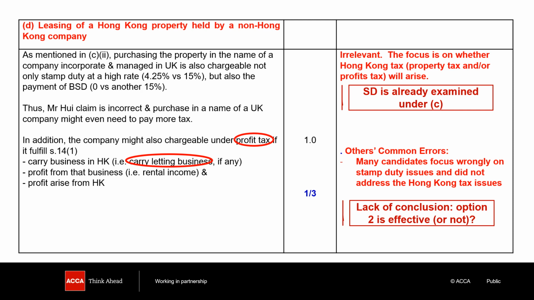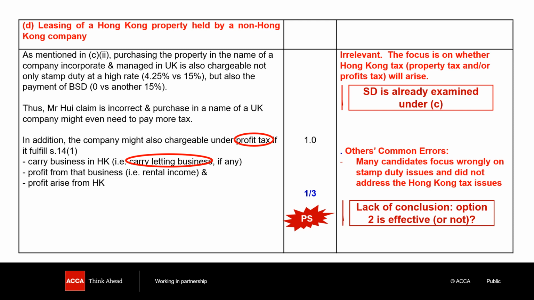At last, we would like to mention that in some other candidates' cases, we found that quite a lot of candidates did not give an overall conclusion after doing the evaluation. The question requires you to comment on option 2, so at least you should wind up by saying whether you think option 2 is effective or not based on your analysis.